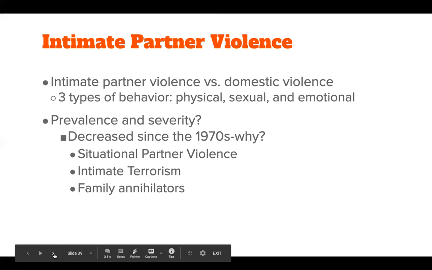So, the level of violence that can exist in a violent partnership varies. There are some relationships that we call situational partner violence. These types of violent relationships are normally mutually violent, and the violence is at a fairly low level. So this is that couple who regularly scream at each other, regularly call each other names. She slaps him, he shakes her, she shoves him, he shoves her back.